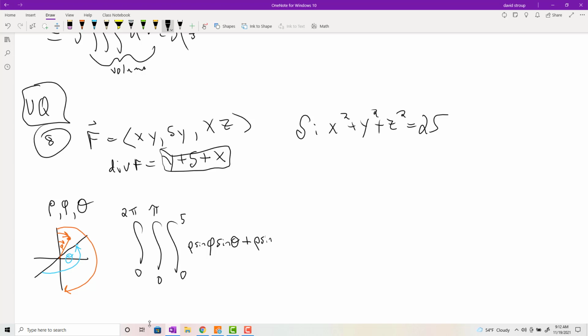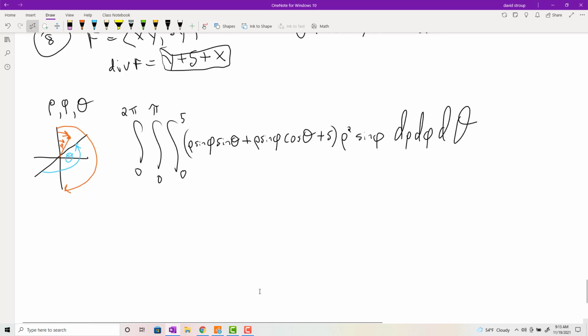And then instead of r d r d theta, you have a different sort of factor that you have to plug in. I forget what it is, but I'll remind myself, it's rho squared sine phi instead of r. Then d rho, d phi, d theta. And now I want to integrate this thing.